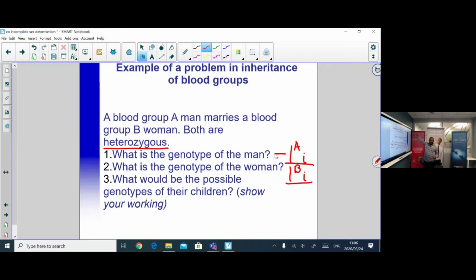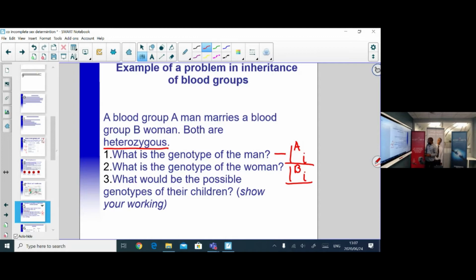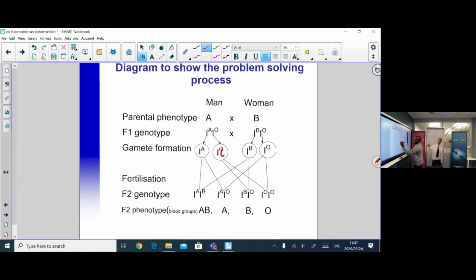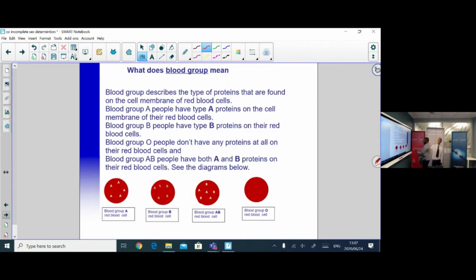We're going to do the genetic cross for the next problem that we need to work out. I've talked about it. Let's move on to the next so that we don't waste time.